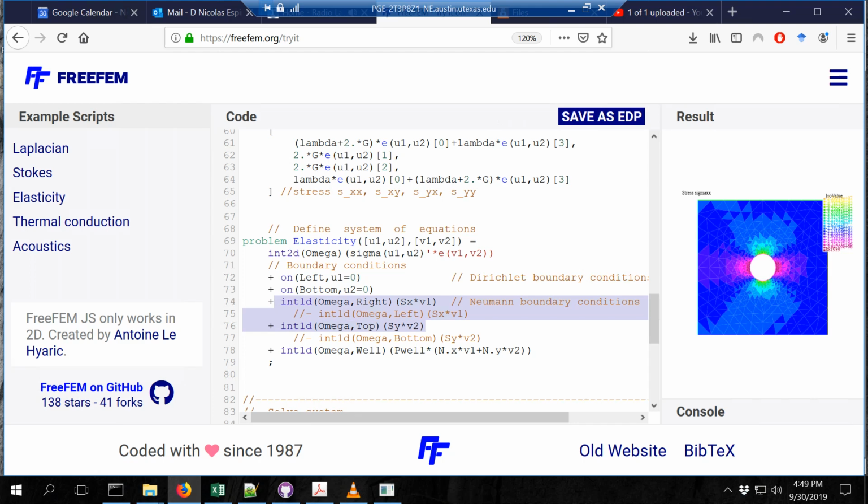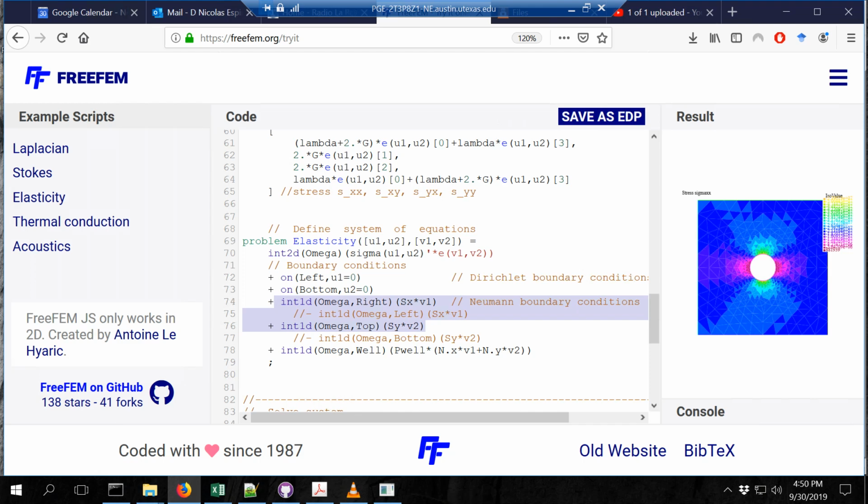In every problem of just mechanics, you can either tell what is the displacement or what is the stress. But you cannot set displacement and stress simultaneously, because you either tell one or the other.